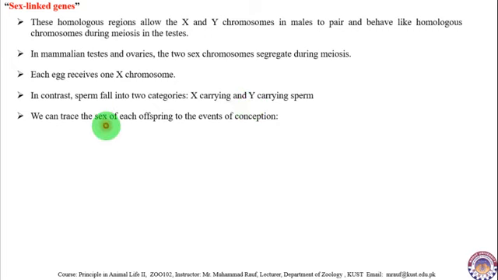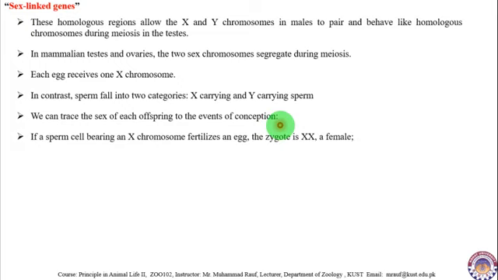We can trace the sex of each offspring to the events of conception. It is very easy to determine the sex of the individual which will develop from a zygote by knowing the sex chromosome complement of the two gametes that fuse together.